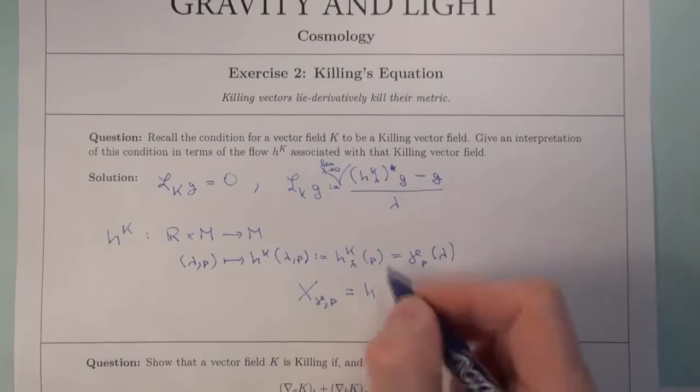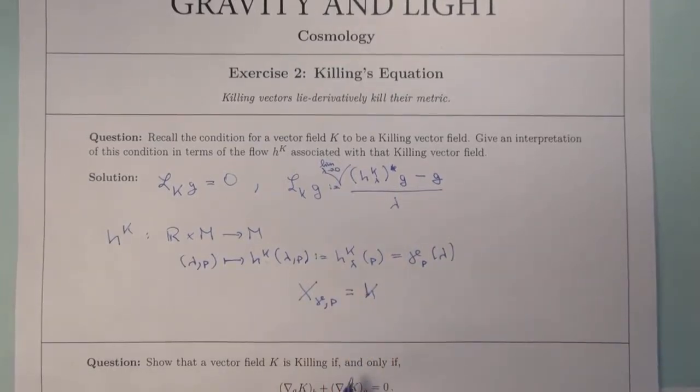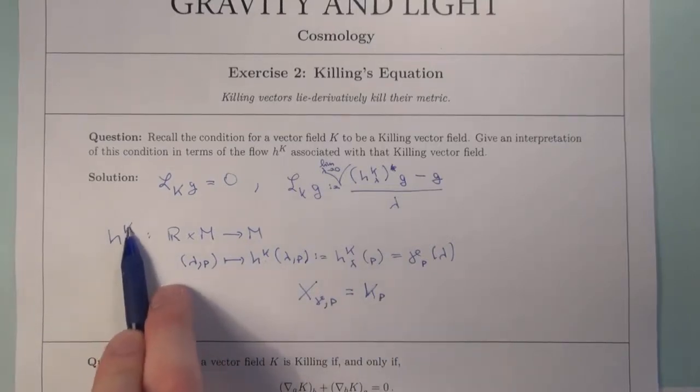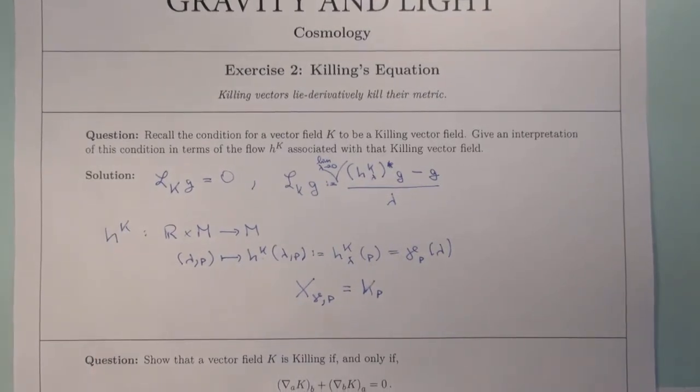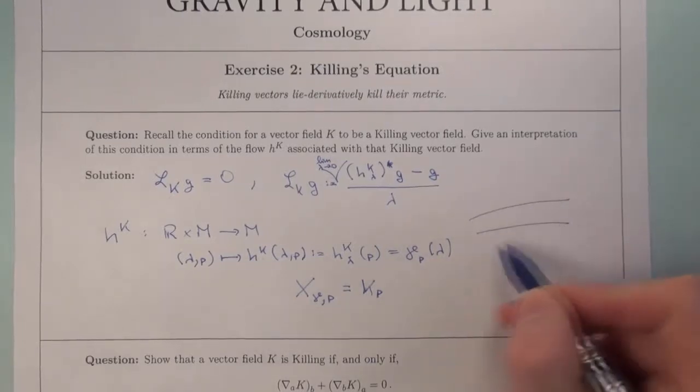Has to be the Killing vector field at the point P, that is the vector at this point. If we have this condition, then we call HK the flow of the vector field K. Okay, so we maybe draw some picture.